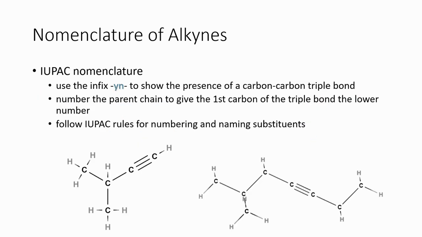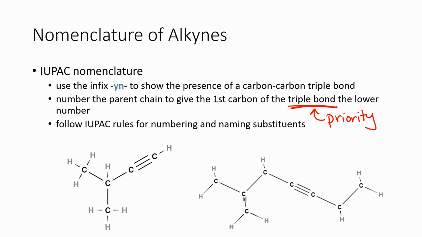Now we're going to apply our nomenclature to alkynes. Alkynes are named really similarly to alkenes. You just use the Y and E to show that there's a CC triple bond. Again, you're going to number the parent chain so that the first carbon of the triple bond takes priority. And it's the fact that you're going to have to bridge over the triple bond.